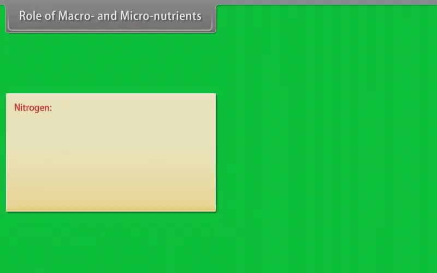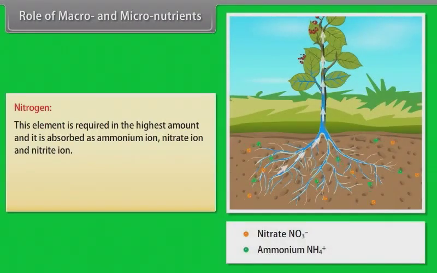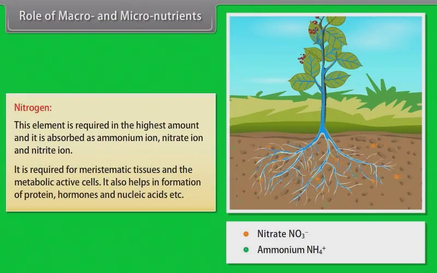Role of macro and micronutrients. Nitrogen. This element is required in the highest amount and it is absorbed as ammonium ion, nitrate ion and nitrite ion. It is required for meristematic tissues and metabolically active cells. It also helps in formation of proteins, hormones and nucleic acids.